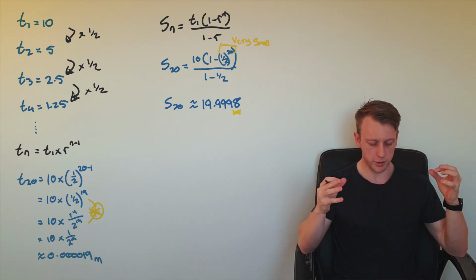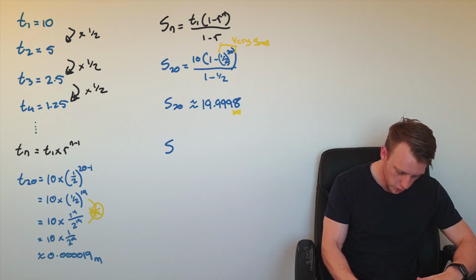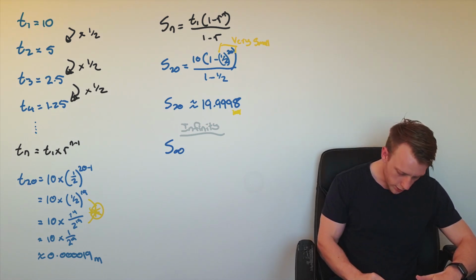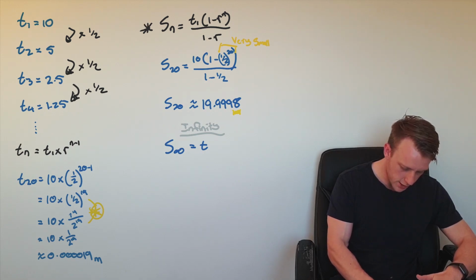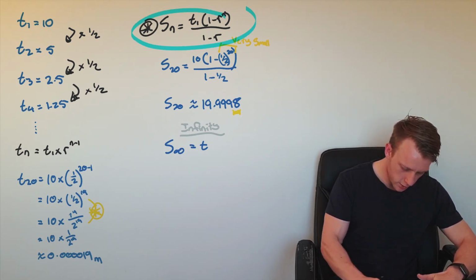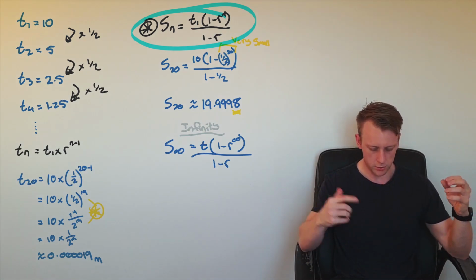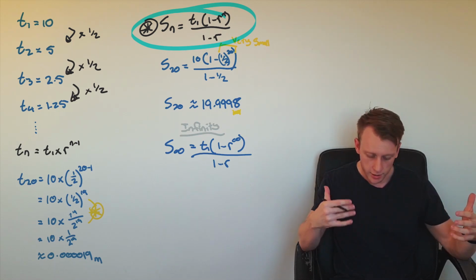Okay, so I don't want to know the sum of 20 jumps, I want to know the sum, and I'll give this a little title here, we're introducing infinity here. I want to know the sum of infinity jumps. All right, and so that would just be using the same formula as above here. Okay, and so we're encountered with something like this, right? It says t of 1 times 1 minus r to the power of infinity instead.